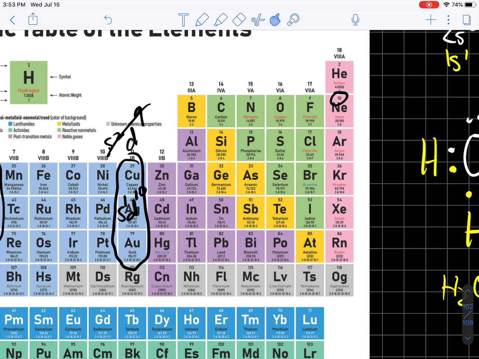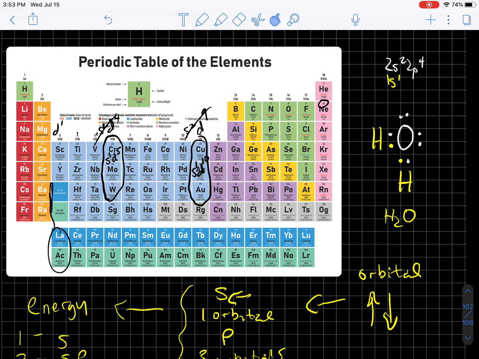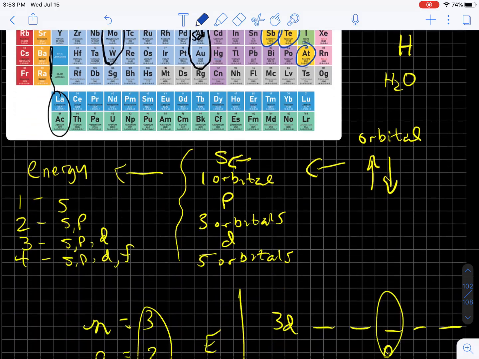Some scientists believe that it has to be an equal amount of non-metal and metal properties to be considered a metalloid, and some are, well, even if you only have one property that's different. If you have all metallic and only one property that's non-metal, you're still considered a metalloid. So we're going to count these: boron, silicon, germanium, arsenic, antimony, tellurium, astatine.